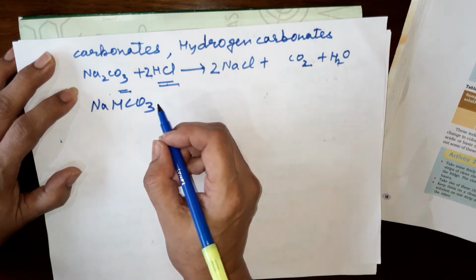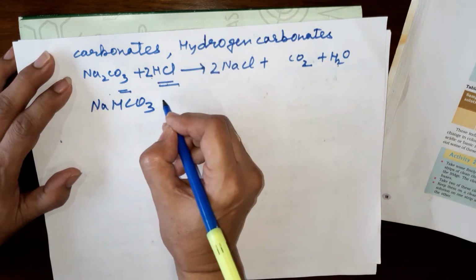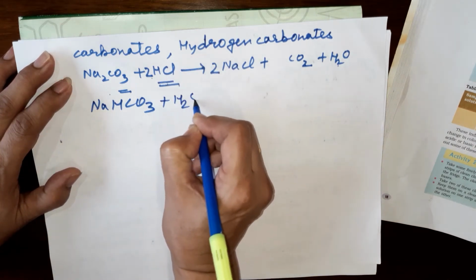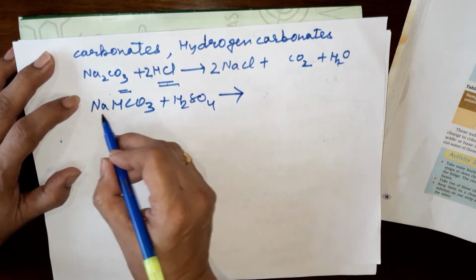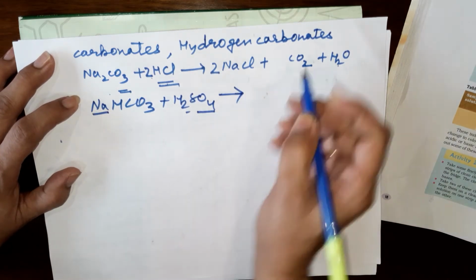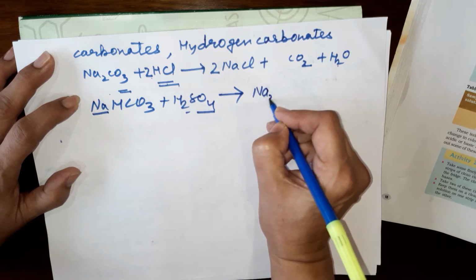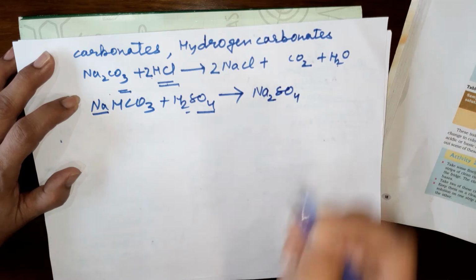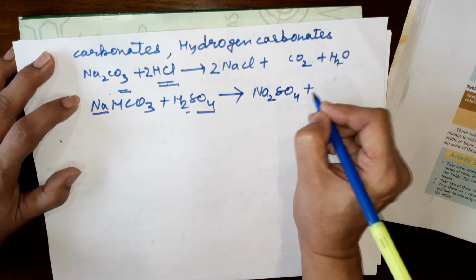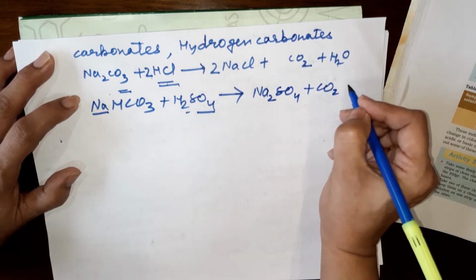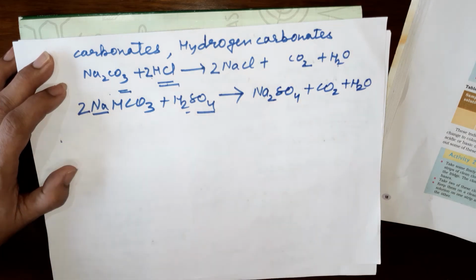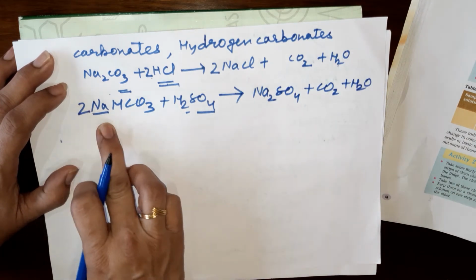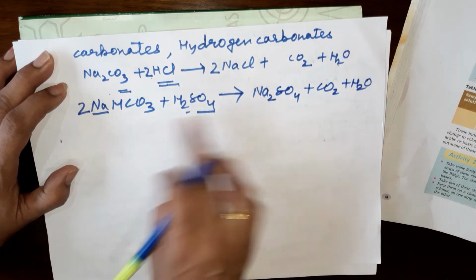When it is reacting with, suppose now, the acid we take H2SO4. This acid we are taking. So it will form salt, that will be Na2SO4, sodium sulfate, plus CO2 plus H2O. Here you will have to put 2, so that this is balanced, 2Na.